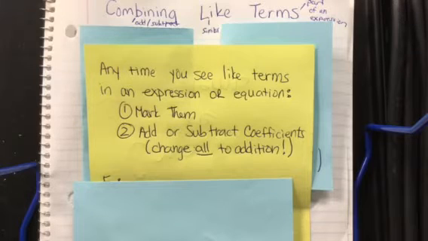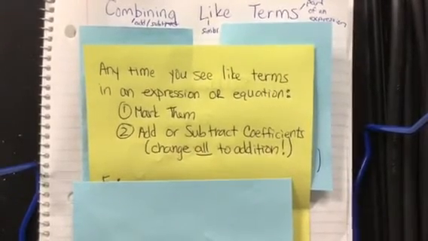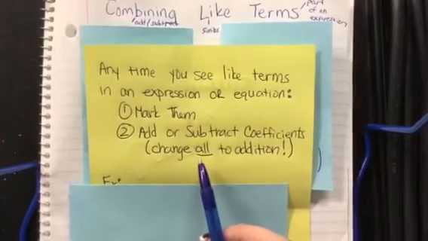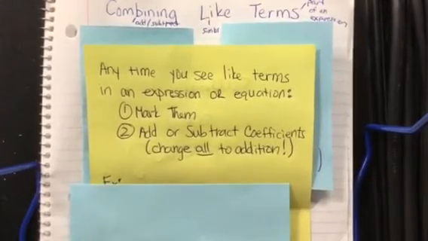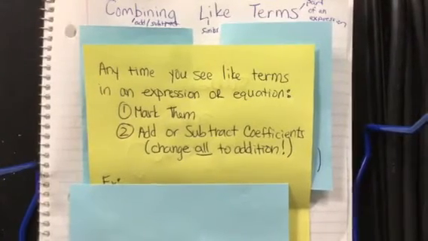One thing I'm going to caution you, and every year students say, I don't want to do this, and every year I say, please do, because I promise when we get to harder problems, it's going to make your life easier. Before you even start, we're going to change all of the expressions to addition, okay, which we know how to do.